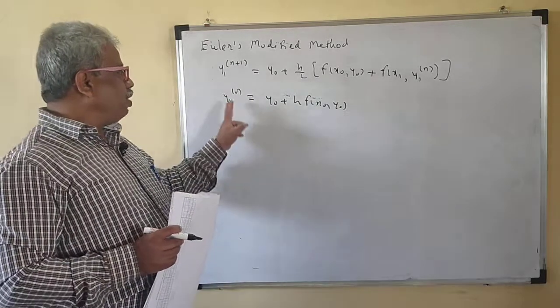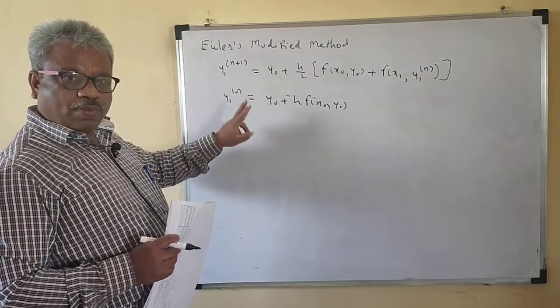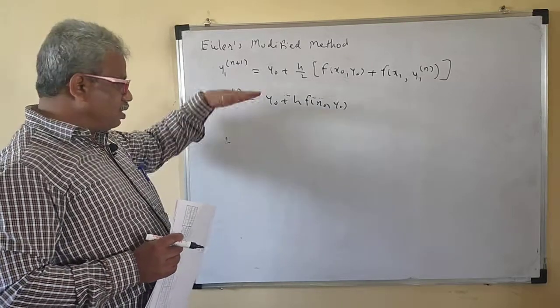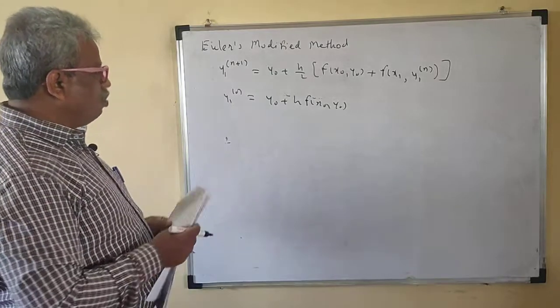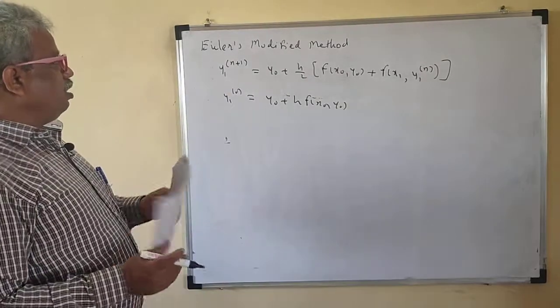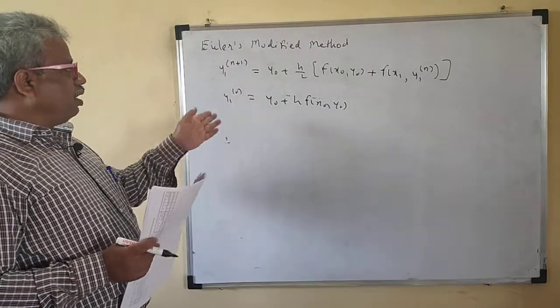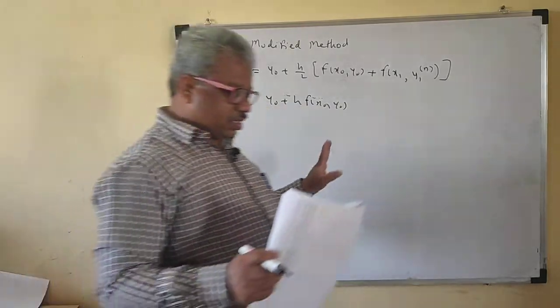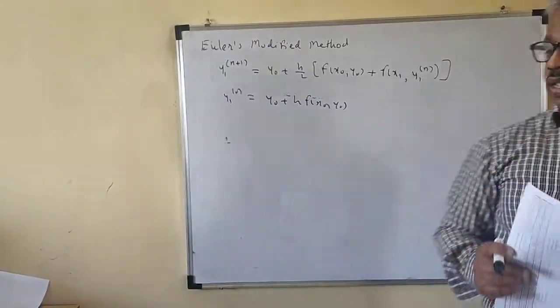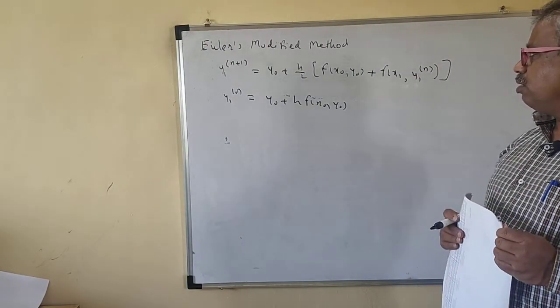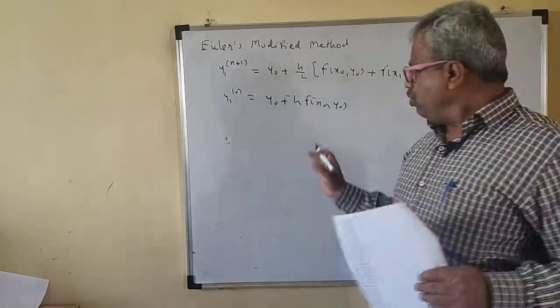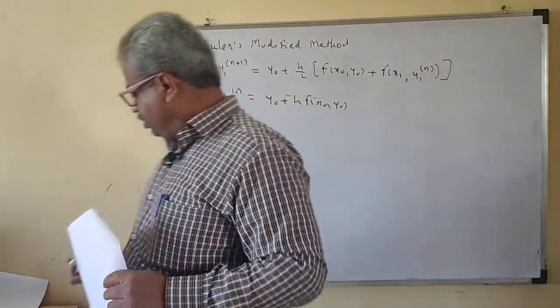Then you have to find y1 of 1, y1 of 2, y1 of 3, and so on, up to the desired accuracy, and you get y1. This is very complicated, but it is a more accurate method than Euler's method.